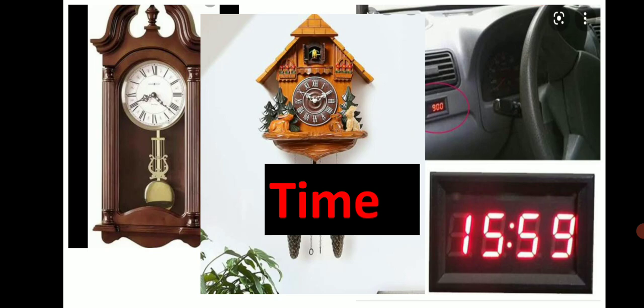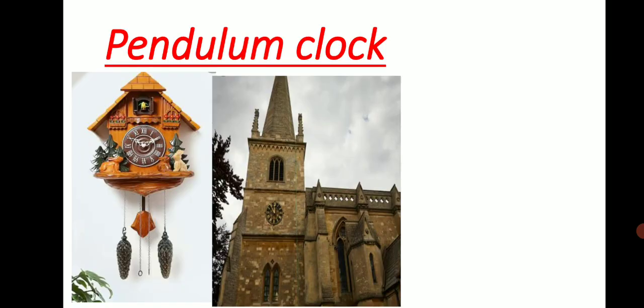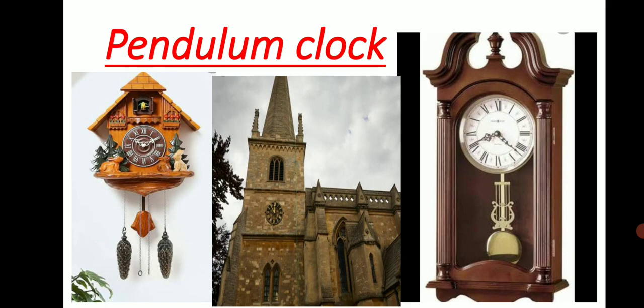As we know, we use a clock to measure time. There are many varieties of clocks. The first is the pendulum clock. What is a pendulum? A pendulum is a weight suspended from a pivot so that it can swing freely, and this led to the design of the pendulum clock.